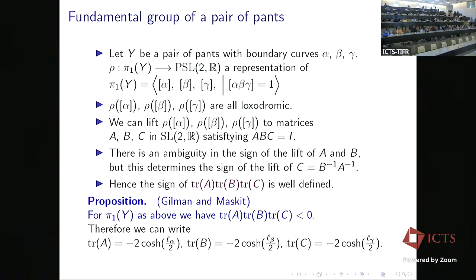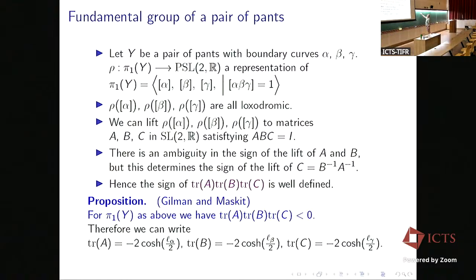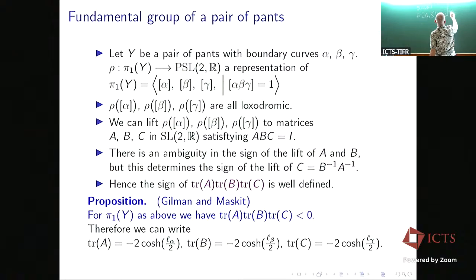Okay, so if I think about this in SL2R, if I take the trace of the commutator of A and B, this is trace squared of A plus trace squared of B plus trace squared of C minus the trace of A, the trace of B, the trace of C, and I think I want a minus 2.